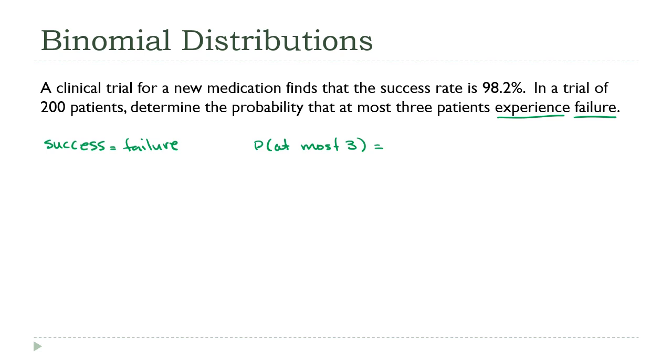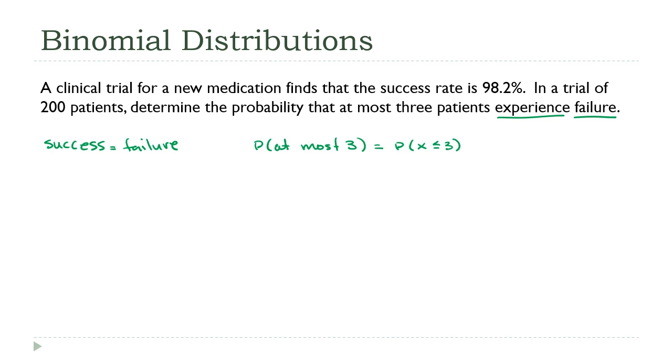You see, this is the probability that x is less than or equal to 3. And that's kind of a problem for me, because our binomial probability formula doesn't do less thans. It does equals, and only equals. And there is no way to rig or manipulate it to get around that.